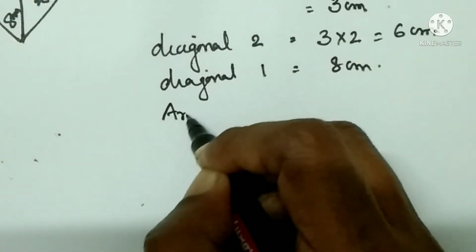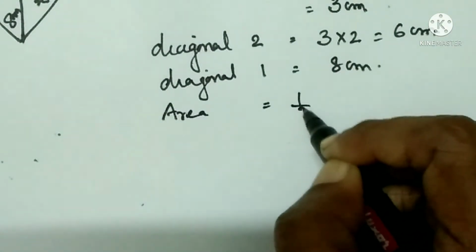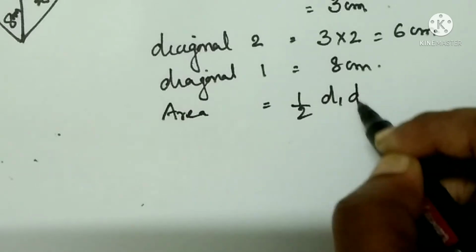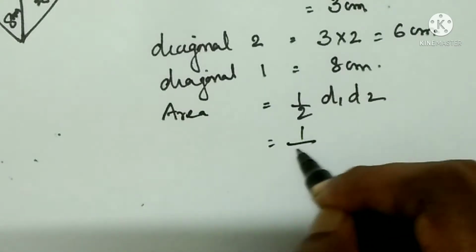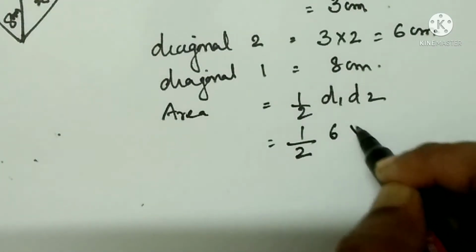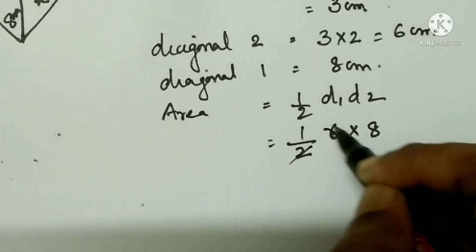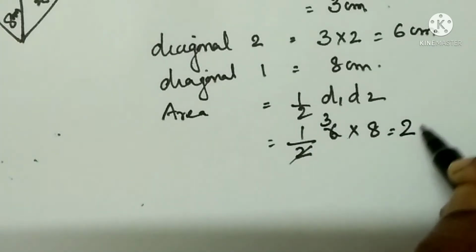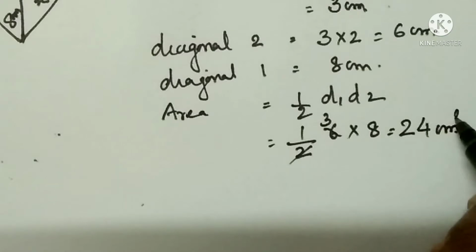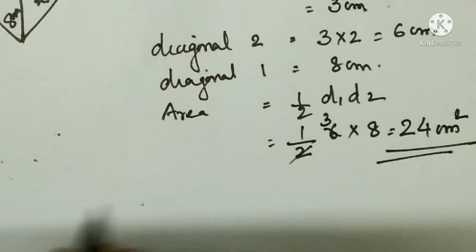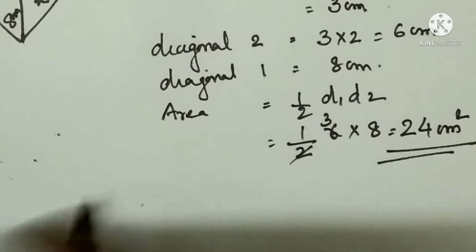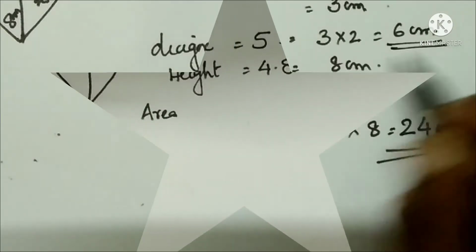So area is equal to half d1 d2, that is half into 6 into 8. 3 8s are 24 centimeter square. So this is the area of the rhombus. You were actually asked to find the length of the other diagonal, which is equal to 6 centimeters.